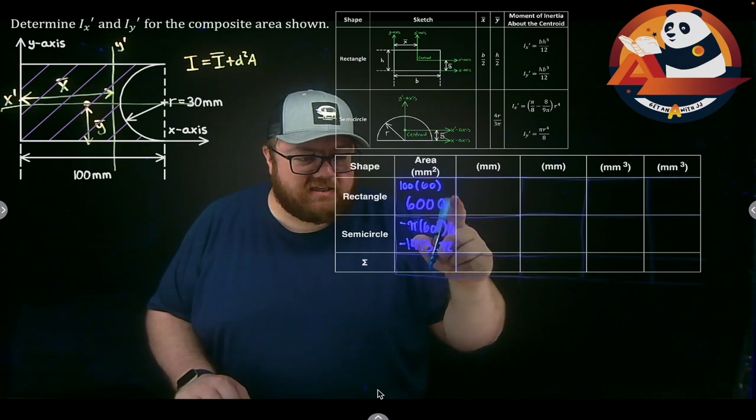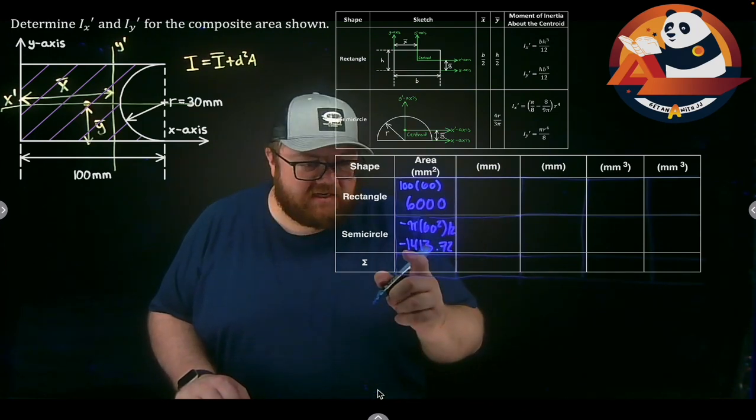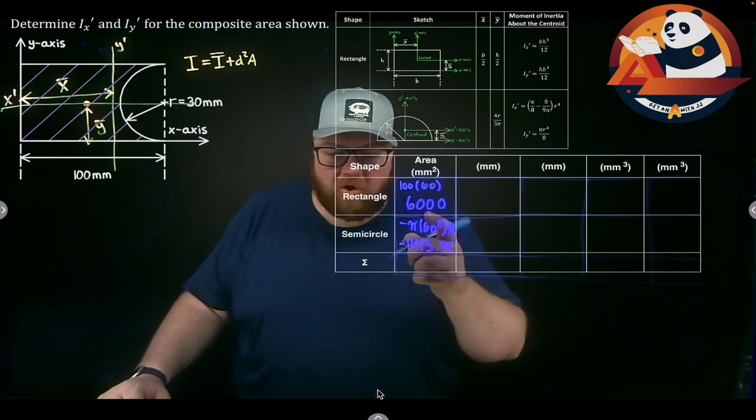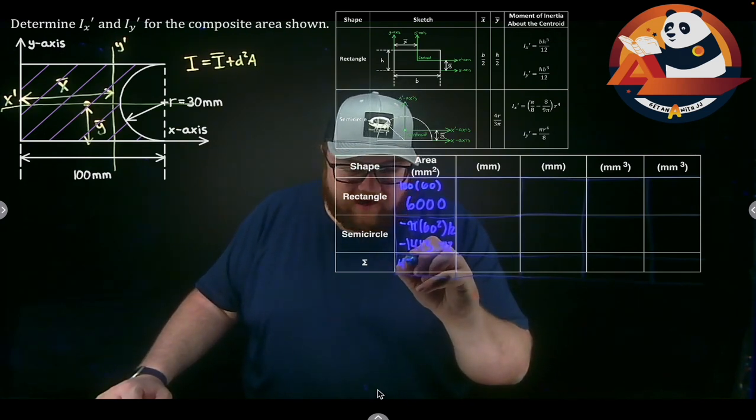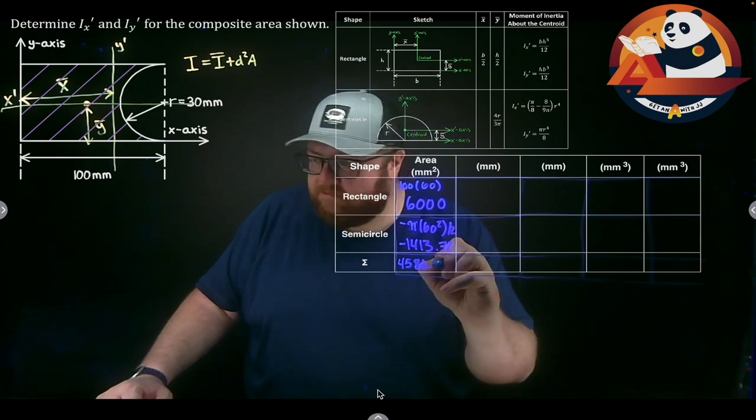Adding those together, 6,000 minus 1413, my total area is 4586.28.